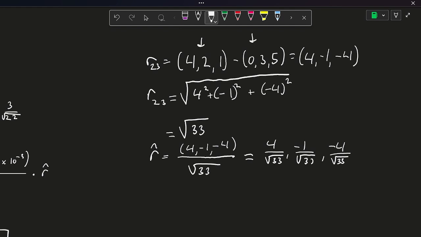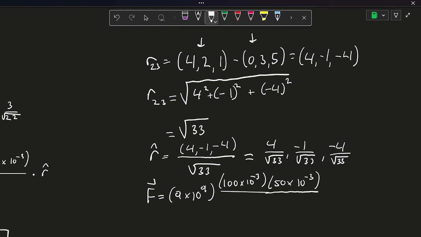Now we're ready to plug into Coulomb's. So let's go ahead and do that. K, which is 9 times 10 to the 9th, times each charge's value, which is going to be 100 times 10 to the negative third, and 50 times 10 to the negative third, all over square root of 33 squared.